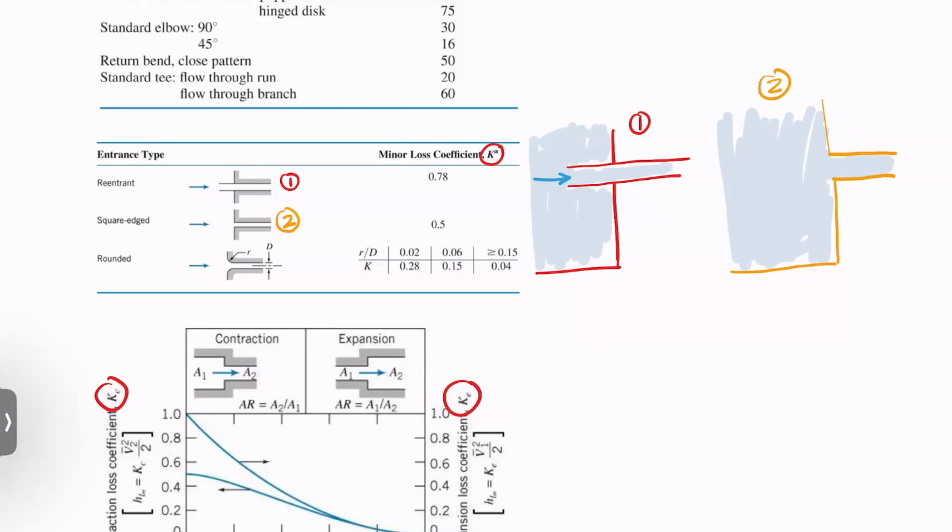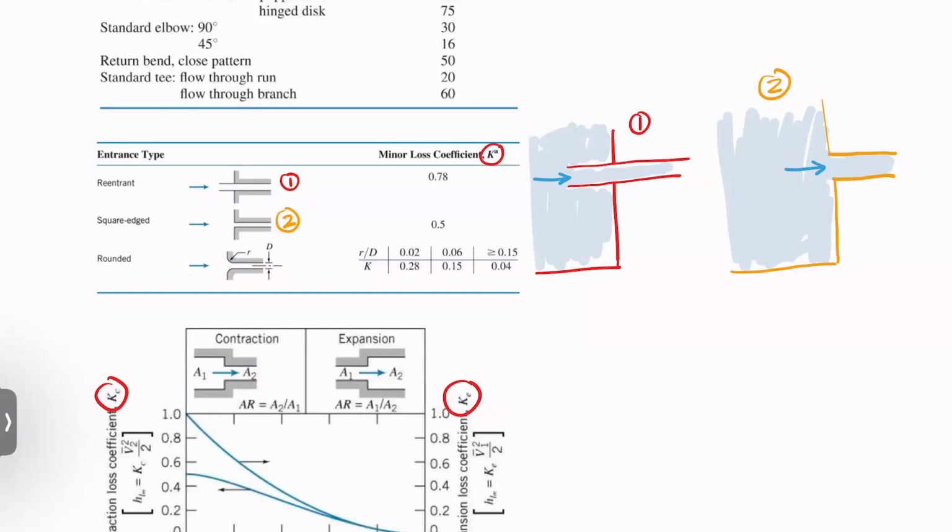This is two. And then, of course, the third one there is the same idea, but just rounded edges. For the rounded edge one, you'll notice that you're going to need to know information about how that edge is chamfered, so the ratio of that turning radius over the diameter of the pipe. You'll use that to find K.